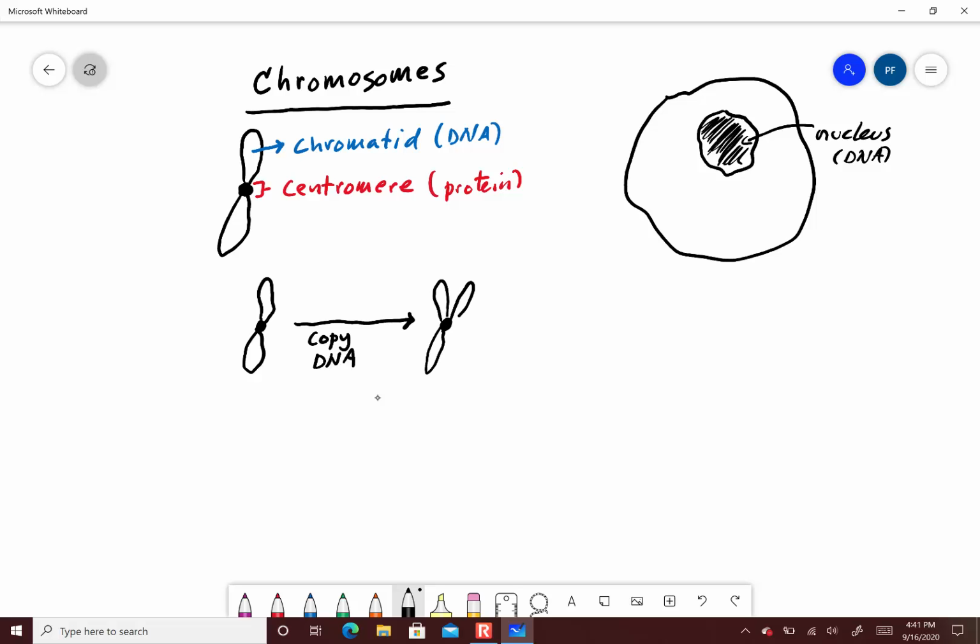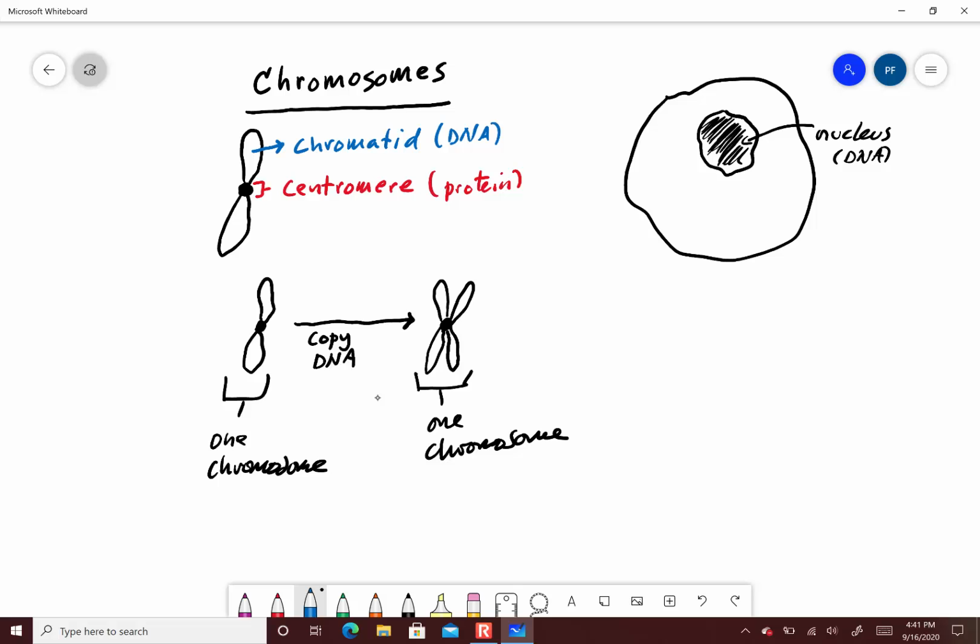It's actually going to have two chromatids on it, like that. Still just one centromere, but two chromatids. Those are still considered one chromosome, right? This is our picture we started with. That is one chromosome. And this, after we copy it, is still technically one chromosome. Okay, now it's got two chromatids, but it's just still one chromosome.